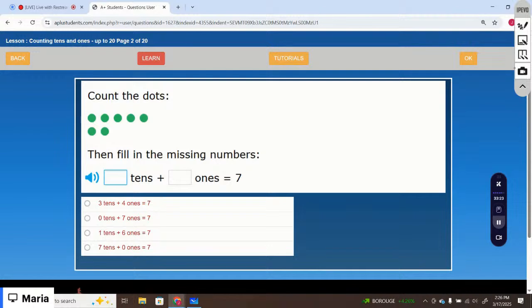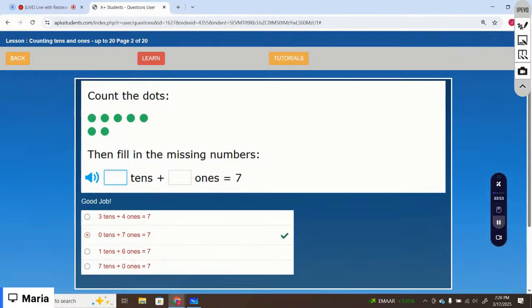Count the dots. One, two, three, four, five, six, seven. Zero tens and seven ones. Option number two is the correct option.